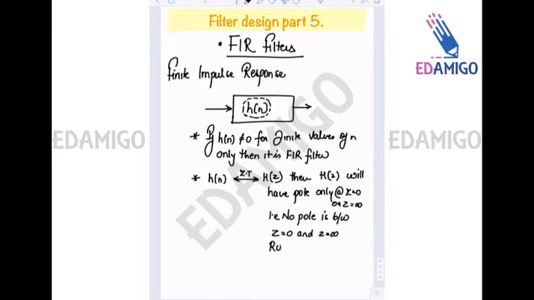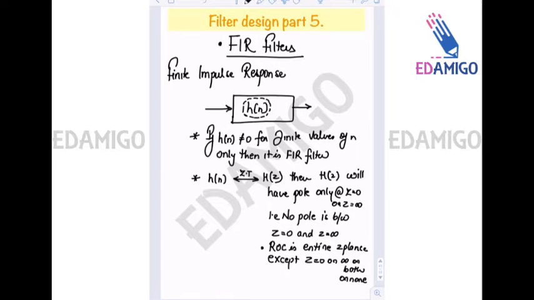And we also know that the ROC is the entire z plane except z equals 0 or infinity or both or none, because if h[n] is equal to delta[n], then in that case the ROC is the entire z plane. Okay, 0 and infinity are also included. So except z equals 0, z equals infinity, or both or none.